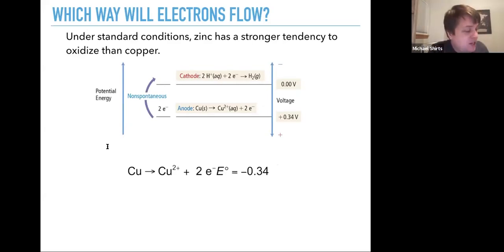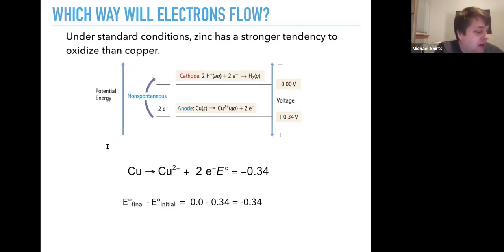So the oxidation of copper from a copper solid metal to Cu2+ has a negative electron potential. It doesn't want to happen. In this particular case, then, E final, as it's written there, is the hydrogen reduction, minus E initial, that is the copper oxidation, is going to be minus.